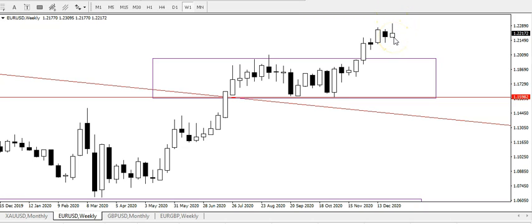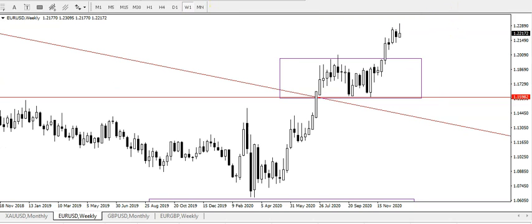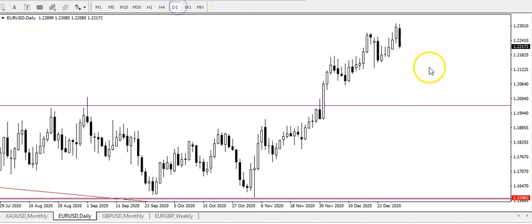So this was the last week of December, and with this pin bar, I could foresee price could dip in the next few weeks before moving higher or not. Let's foresee. So that's the situation in the daily chart.